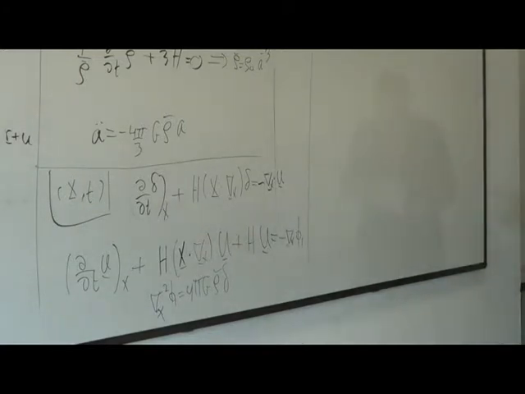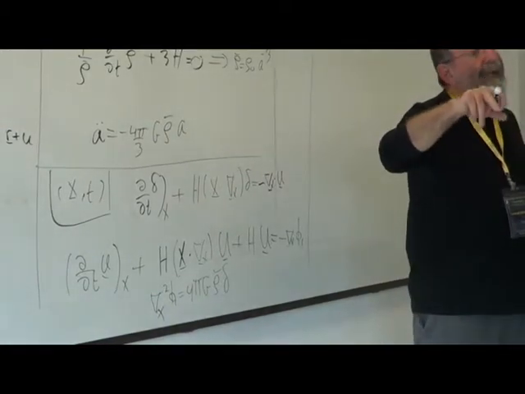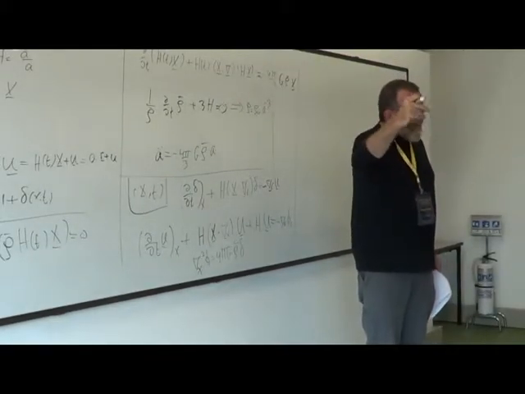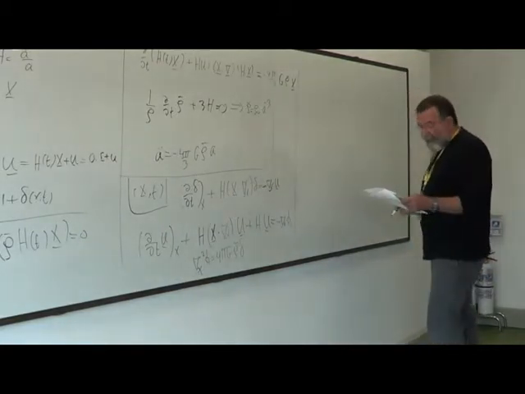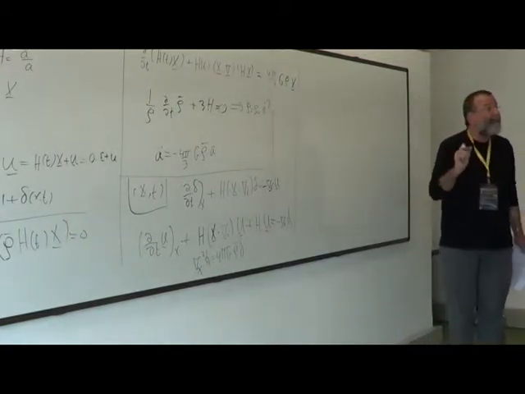Alright, so now I want to do the change of variable. I'm going to change my variable from x, the physical length, to r, the comoving length. I'm not going to change the notation: all the functions delta of x and t, I'm just writing as delta of r and t, and phi of x and t as phi. The only thing that I have to be very careful about is the derivatives.